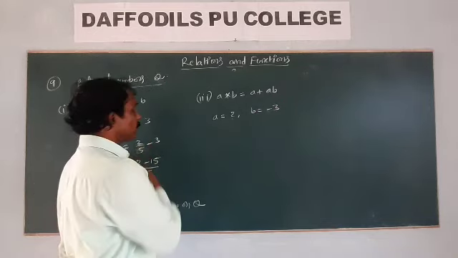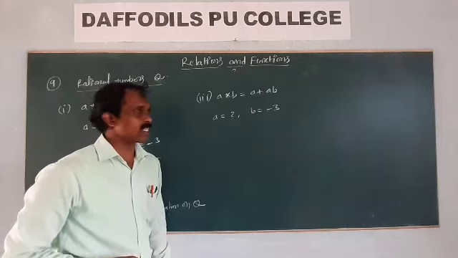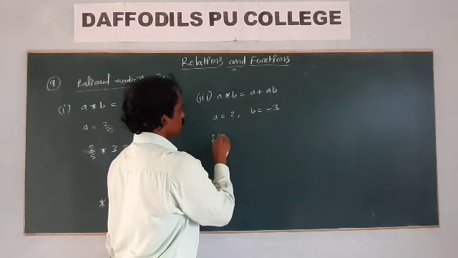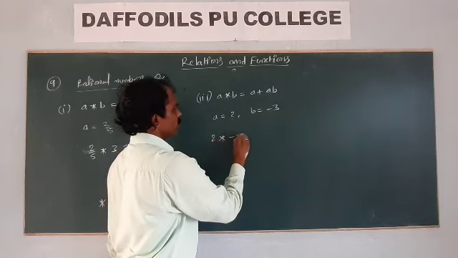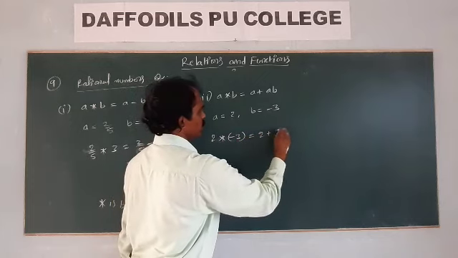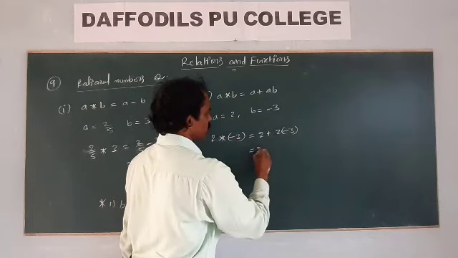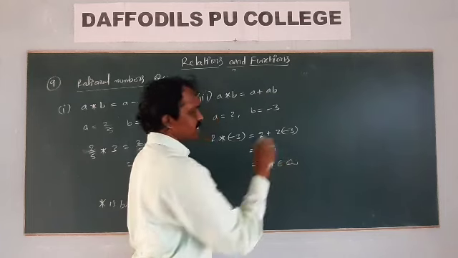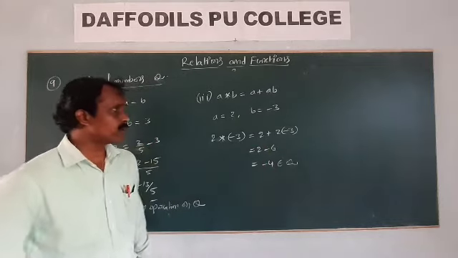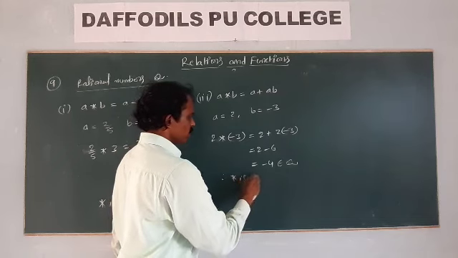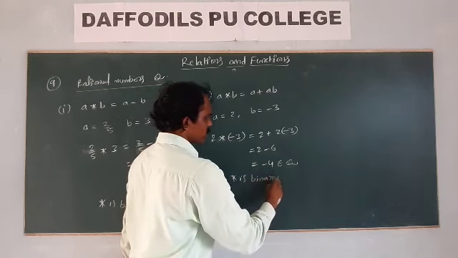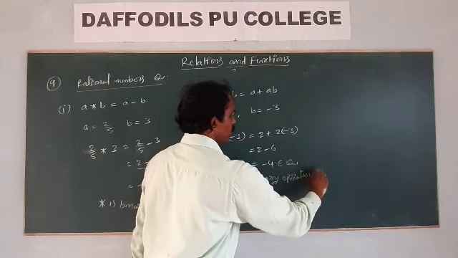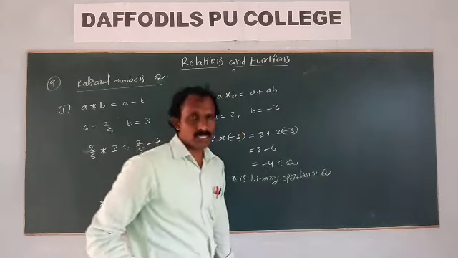Rational numbers this time, in a by b form, all are subsets of the rational numbers. 2 star minus 3 means 2 plus 2 of minus 3, which is 2 minus 6, minus 4. Does it belong to Q or not? That is important. Yes, it belongs to Q. Therefore, star is a binary operation on Q, on rational numbers.